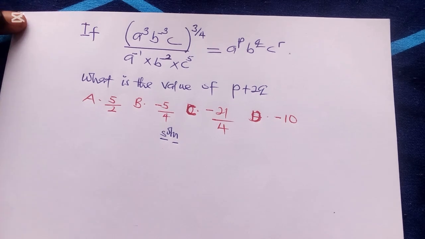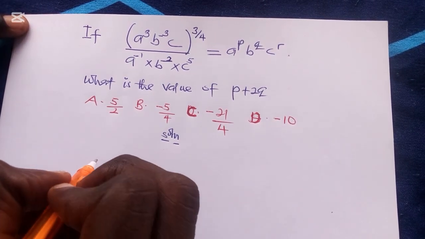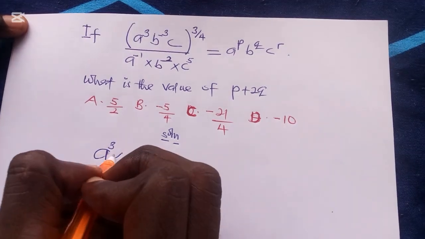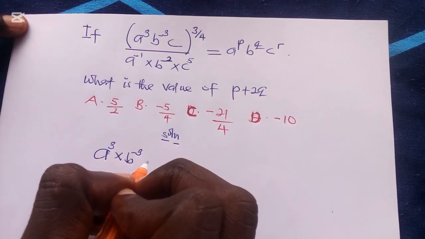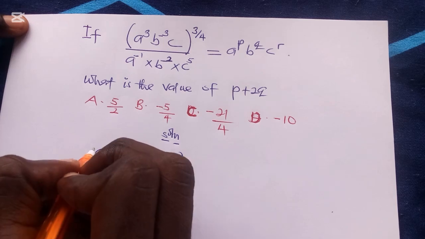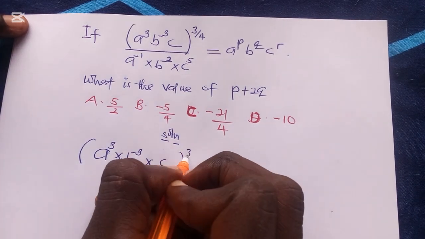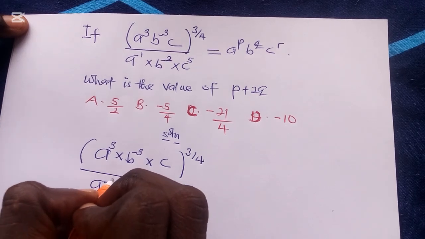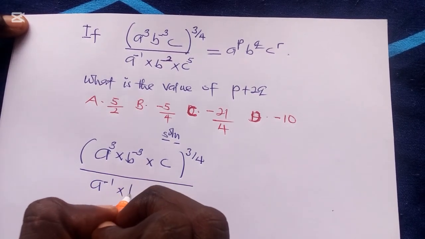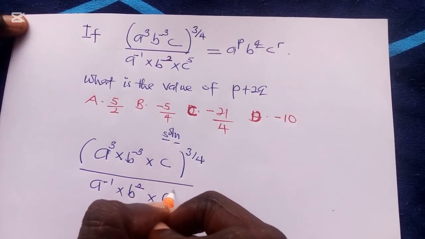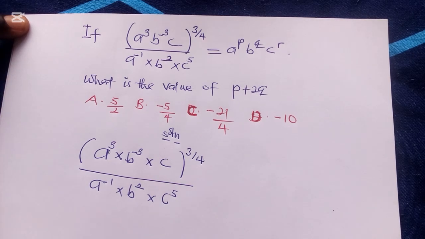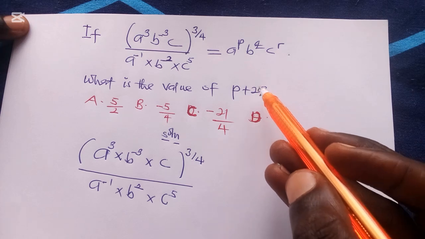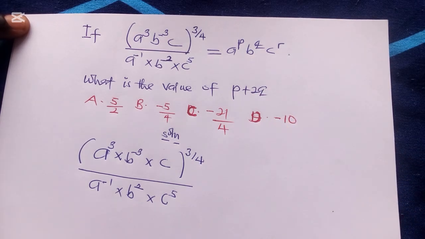Since we are given a raised to the power 3 multiplying by b raised to the power minus 3 multiplying by c, then everything raised to the power 3 upon 4, then we divide by a raised to the power minus 1 multiplying by b raised to the power 2 multiplying by c raised to the power 5, this set of equation must be equal to a raised to the power p, b raised to the power q, c raised to the power r. Then we should substitute the values of p and q to get our answer.